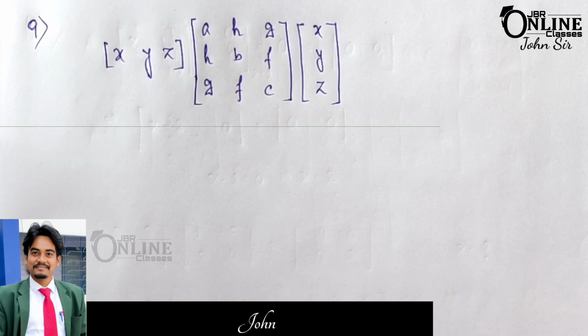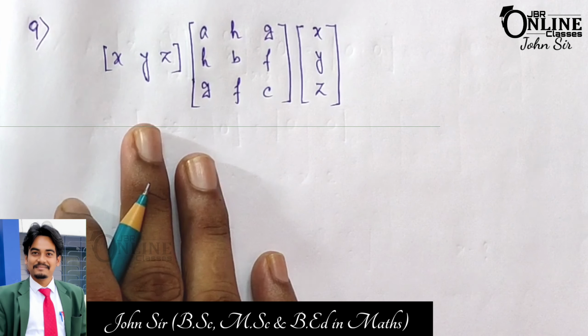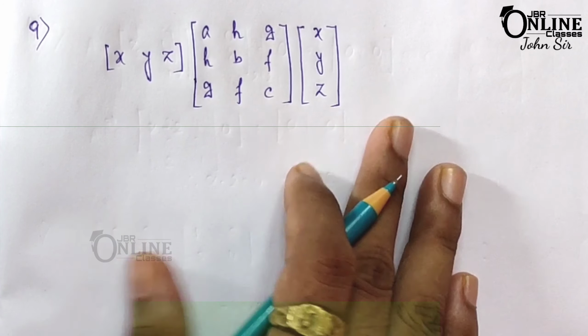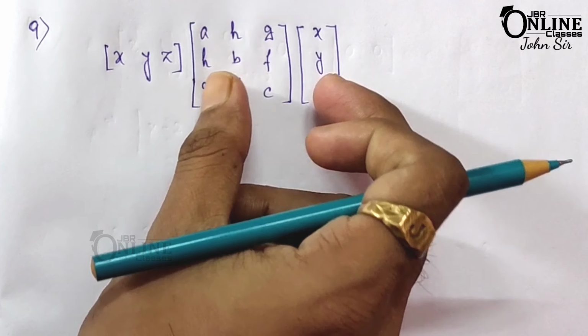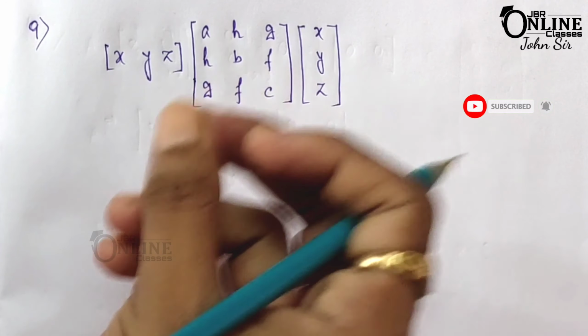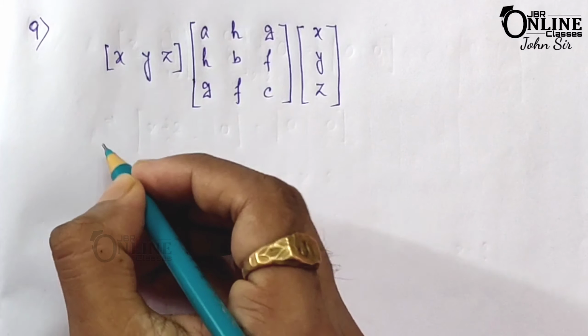Hello everyone, so in this video I am going to start from sum number 9. Here you have to find out the product of these three matrices. First I find out the product of the second and third one, and when we get the result, then you multiply the product matrix with the first one.